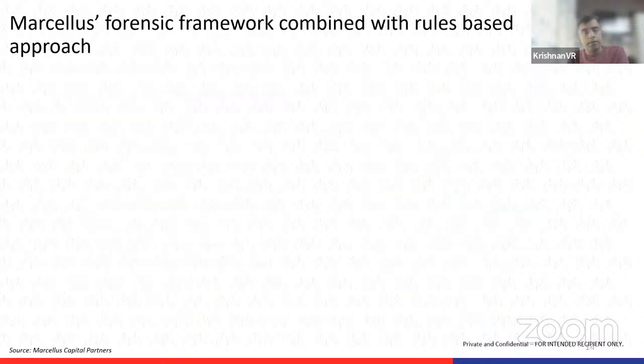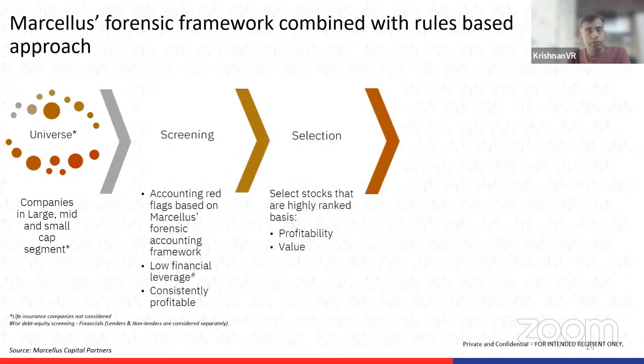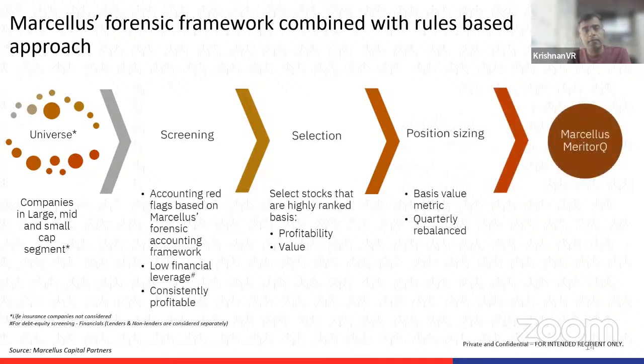Let me also emphasize one more point, which I think we have talked about in the past. This strategy looks at fundamentals, and because of the screening steps, we are ensuring that we are not getting into risky businesses at all. We are avoiding those in the very first place. So there is a base minimum level of quality in this portfolio, right?